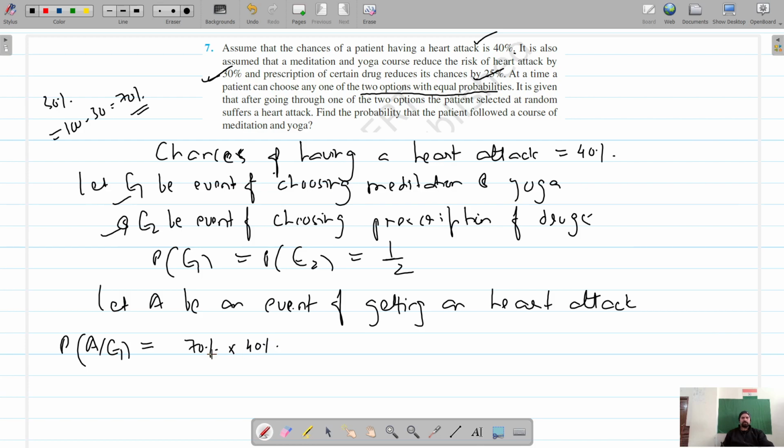So it's 70% of 40%. That should be 70/100 into 40/100, which is 2800 by 10,000. So that should be 28 by 100, that is 28% still getting a heart attack if the patient is choosing meditation and yoga.